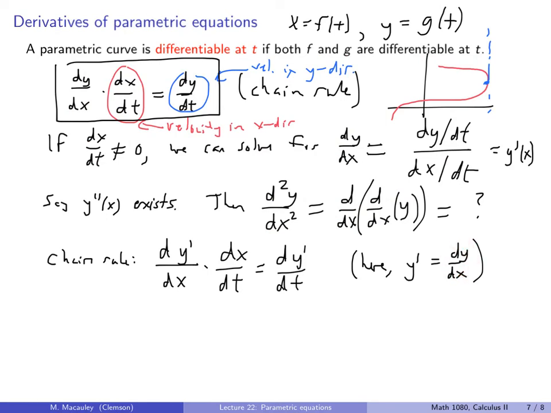Again, this formula works for any function. It could be y, it could be z, it could be anything else.